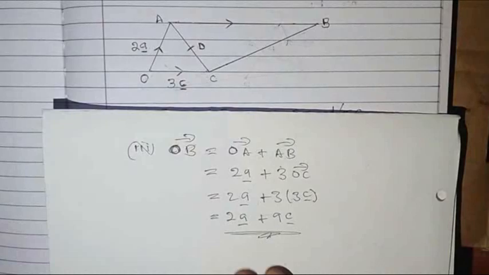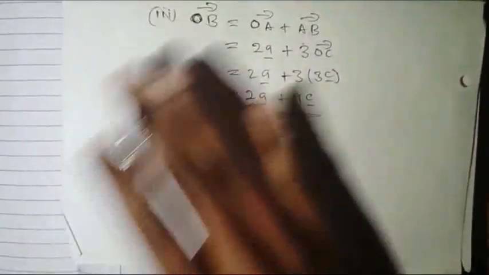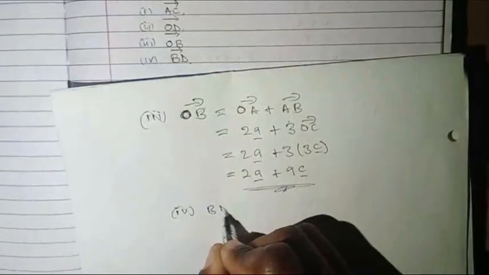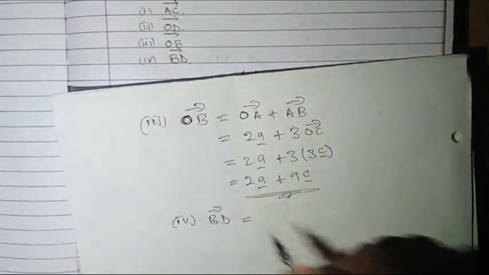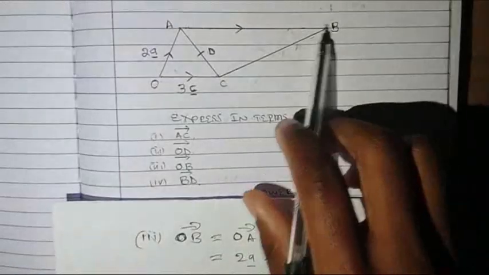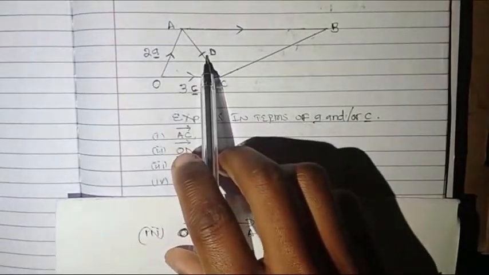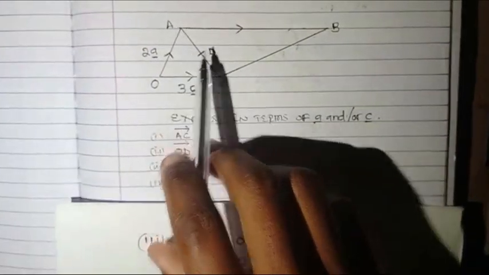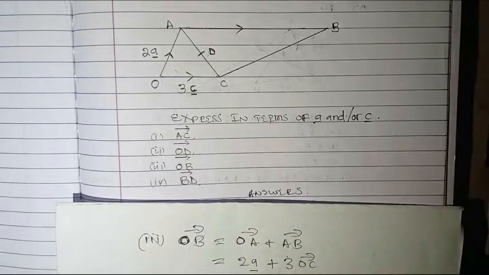Now let us look at the last part and we call it a day. The last part is question 4, and question 4 says BD. How in the world are we supposed to find BD? BD equals, we're going to travel BA plus AD, because we already know what AD is.